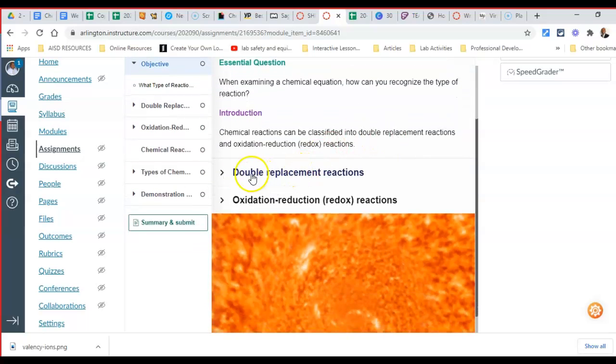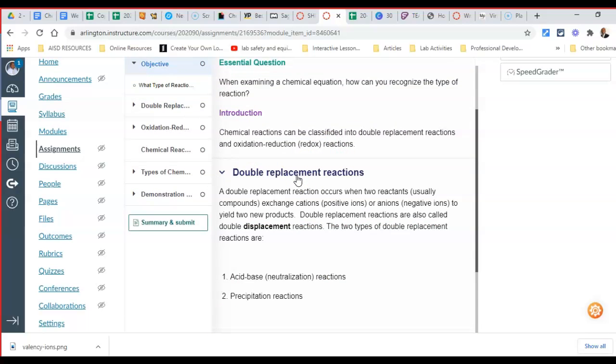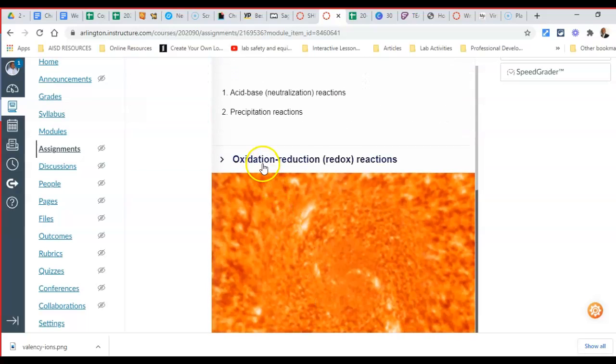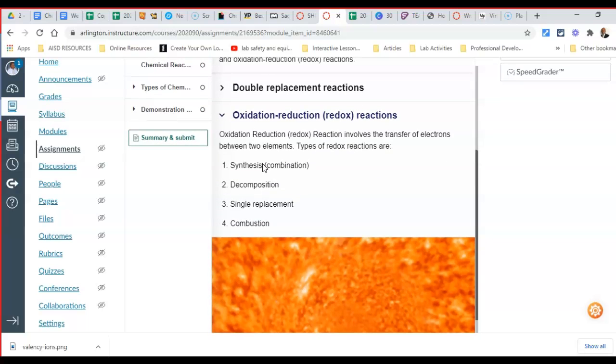There are 2 types of double replacement reactions: acid-base and precipitation reactions. Oxidation reduction reaction, also known as redox reaction, includes synthesis, decomposition, single replacement, and combustion reactions. Those are the 4 types of redox reactions.